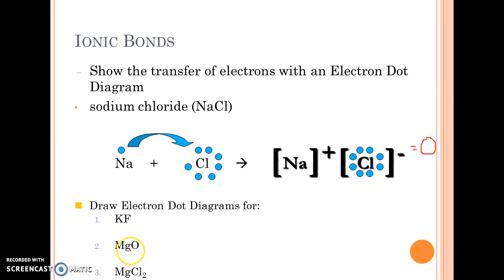You have magnesium oxide, 1 atom of each. And then you have magnesium chloride. Notice how there's this little 2 down here? That means you need to draw 2 chlorine atoms. Once you've drawn their electron dot diagrams, show the transfer of electrons to make sure that your nonmetals have 8 valence electrons. Take a minute to pause the video to do that.